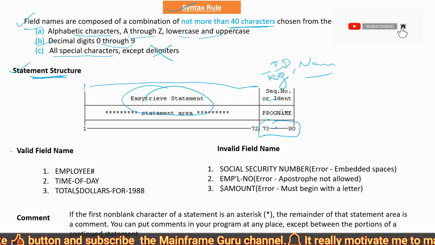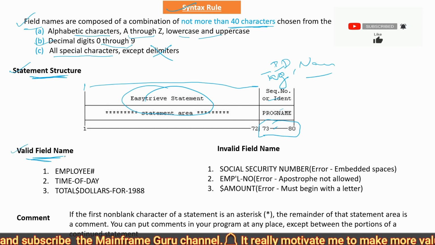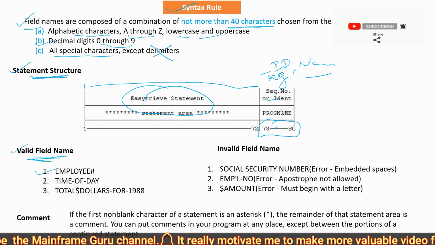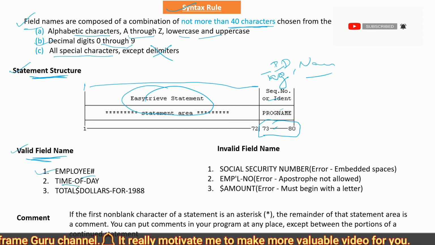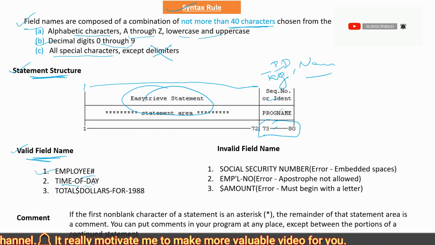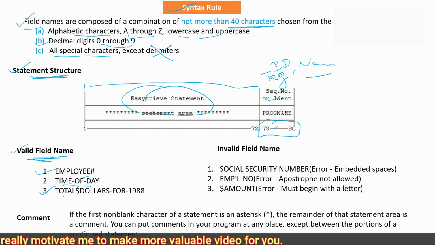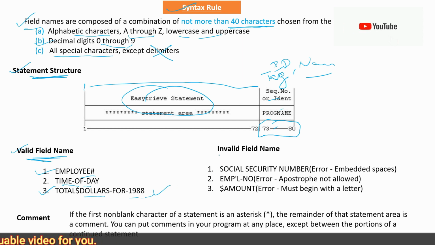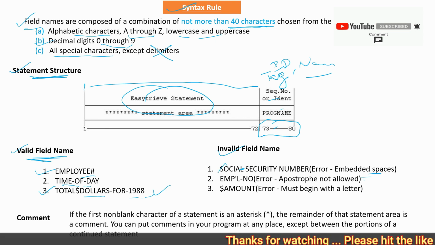You can write your name also, wherever you are updating. And for example, we have some valid field names like EMPLOYEE-HOURS, it is a valid field name, TIME-OF-DAY is also valid, TOTAL-DOLLARS-4-98 is also valid. But there are some invalid fields like SOCIAL SECURITY, where there is a blank space, so it contains a space and is incorrect.